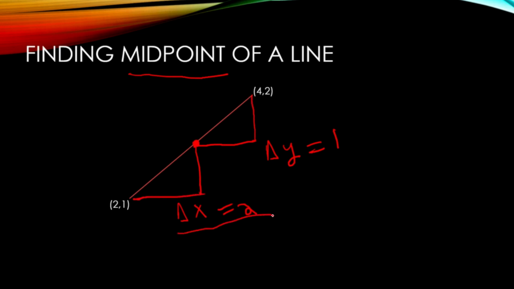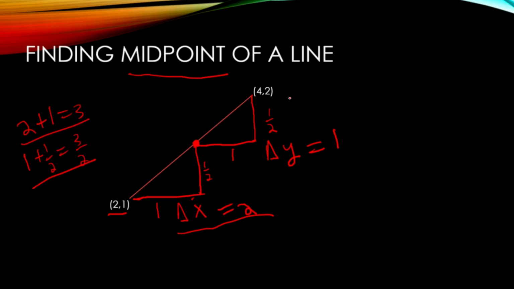So this change in x will be divided among these two lines, which means the change in x is 1 over here and the change in x is 1 over here. Same with the change in y, so this will be 1 over 2 and this will be 1 over 2. Now for finding the midpoint, all you need to do is add these to the coordinates over here. So 2 plus 1 is equal to 3, and for y do the same thing: 1 plus 1 over 2, which is 3 over 2 or 1.5.